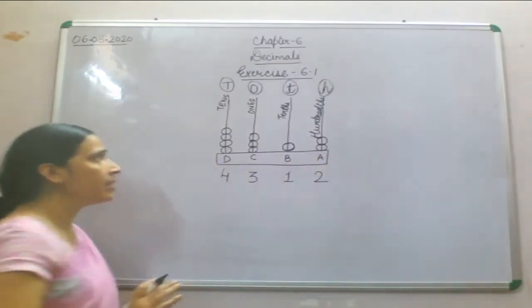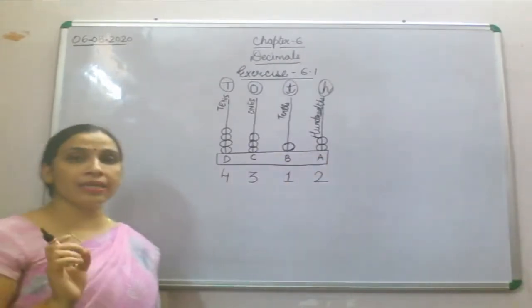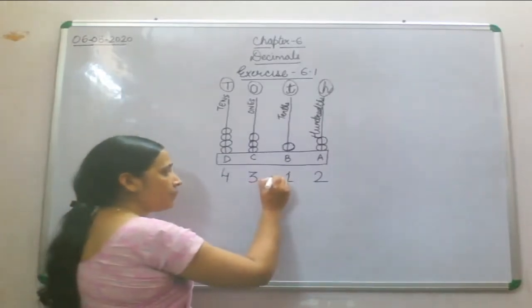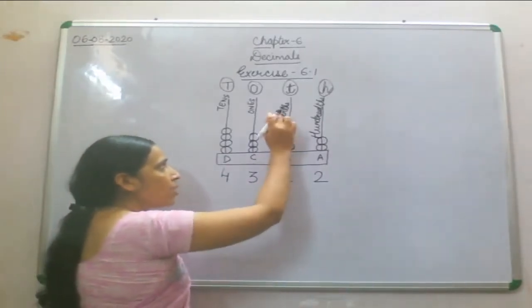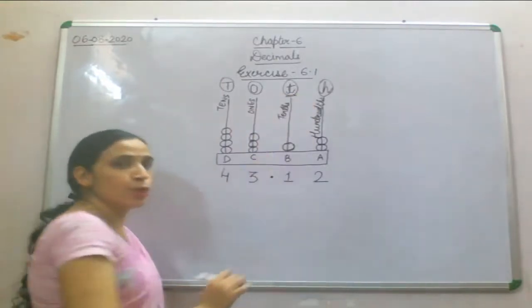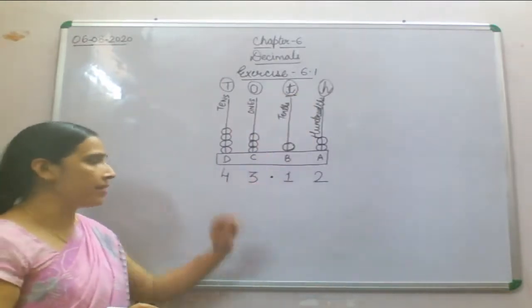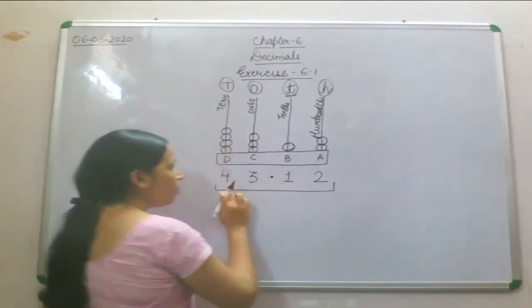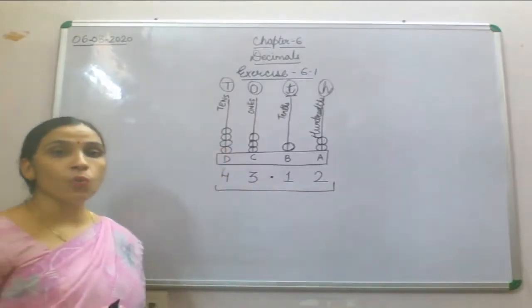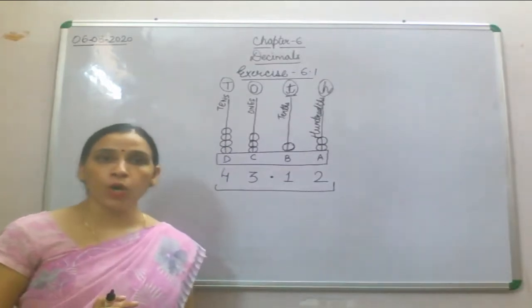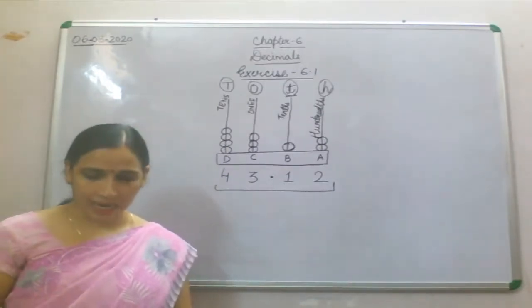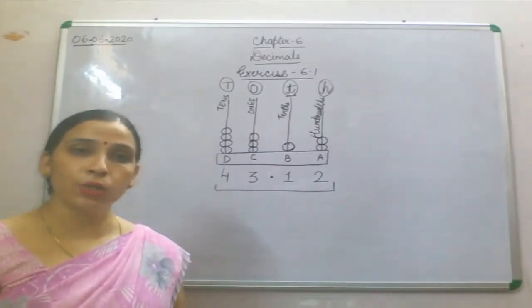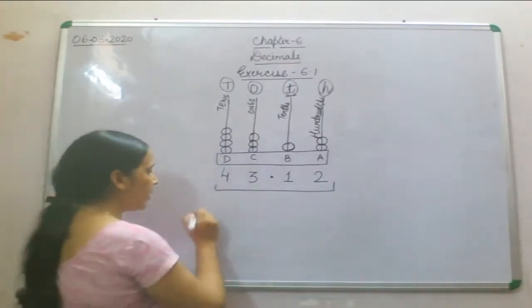Now where are we going to put the decimal? After the decimal you have the tenths place, so I will put the decimal here. Now what does this decimal number read? It is 43.12. Or if I speak it, 43 decimal 1 2, so it will not be incorrect.